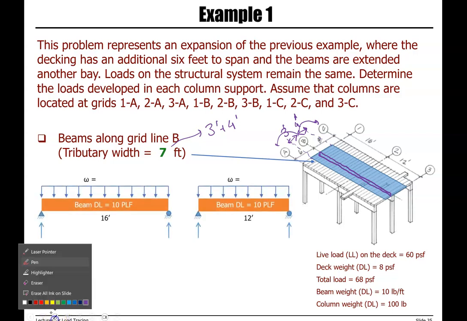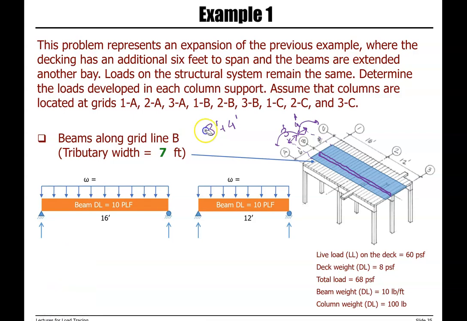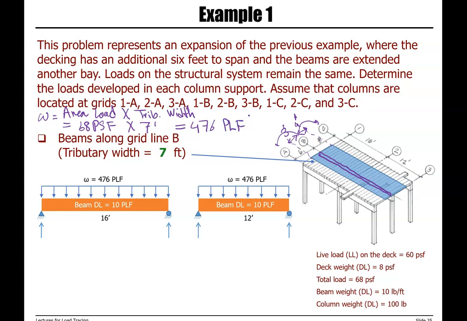Now, how much is the load transferred from the area to beam B? The load is equal to the total dead load and live load that we have, which is 68 psf, times the tributary width of beam B, which is 7 feet, which gives us 476 PLF.